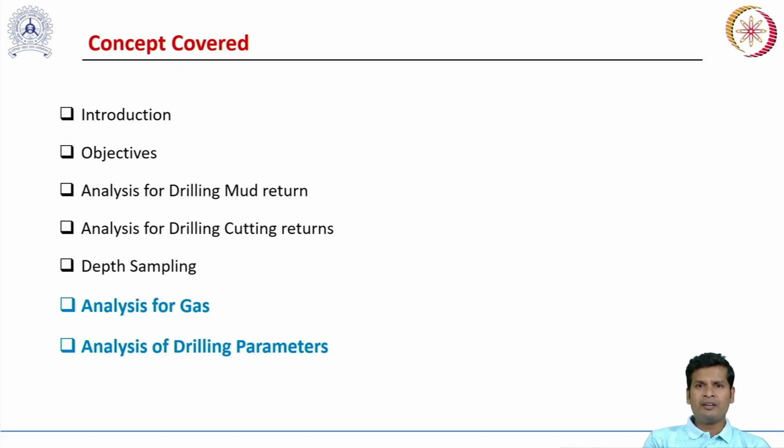So after the analysis of drill cuttings and returning mud for the presence of oil, we can also analyze the returning drilling fluid for the presence of gas. So drilling fluid has certain gas inside it which we can separate at the surface, and then this gas could be analyzed to check whether this gas contains any hydrocarbon gas.